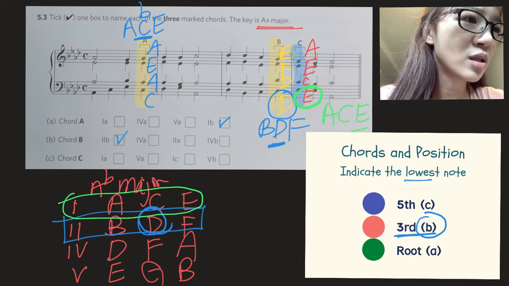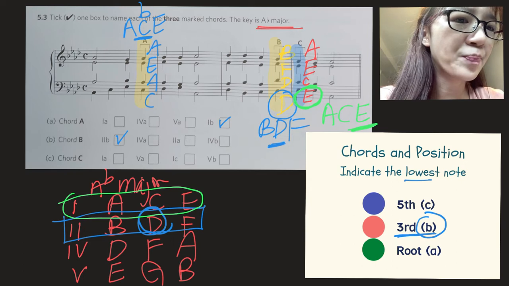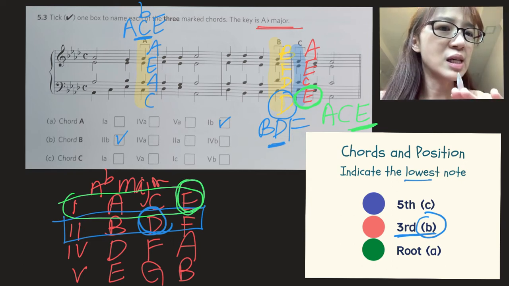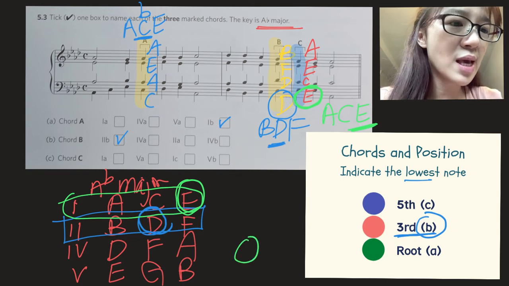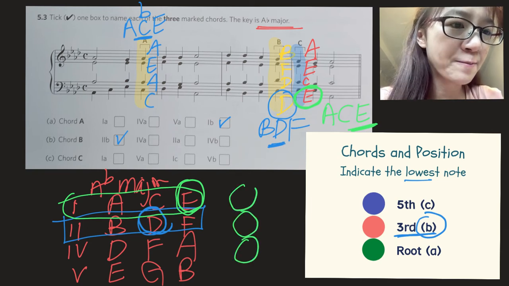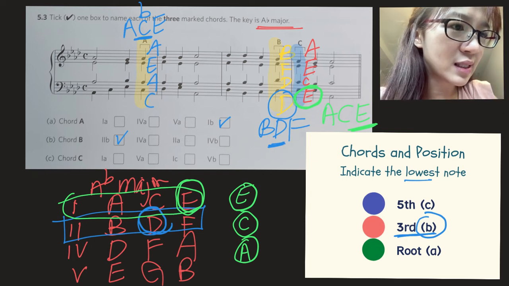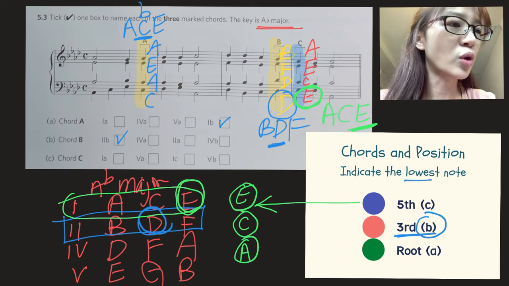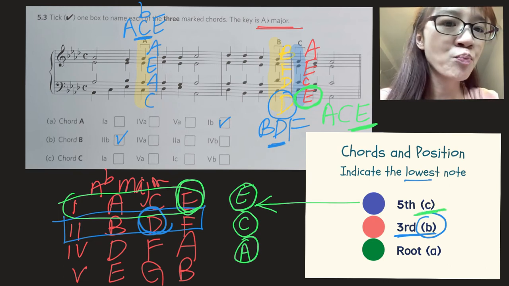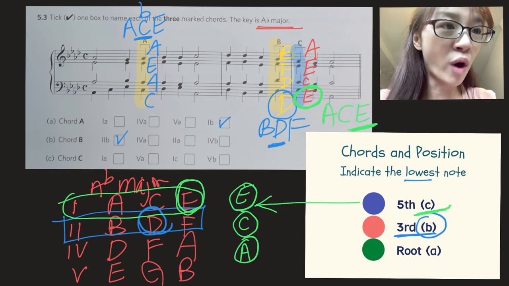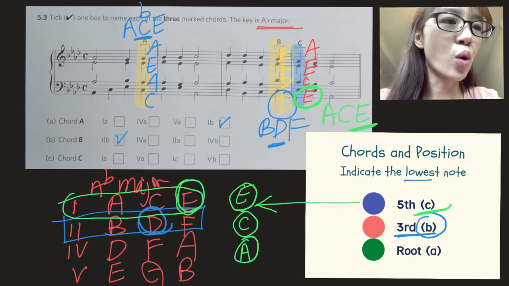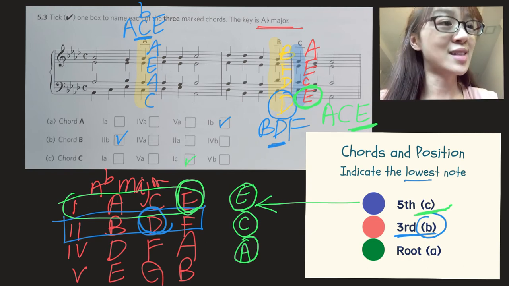It's E. A, C, E. E is the last, the lowest note. So you consider it as C. So it's chord 1 and C. C because E is the lowest note. The answer is 1C.